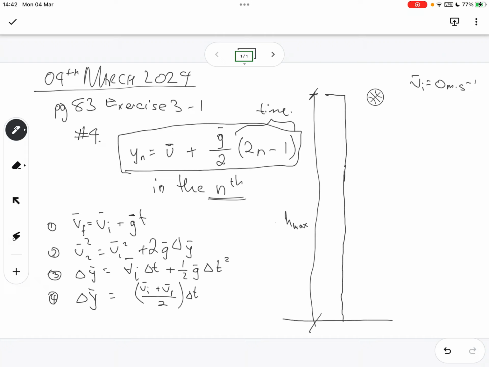I'm drawing a blank, because what I'm trying to understand is how this formula would be derived for the distance covered in the nth second.